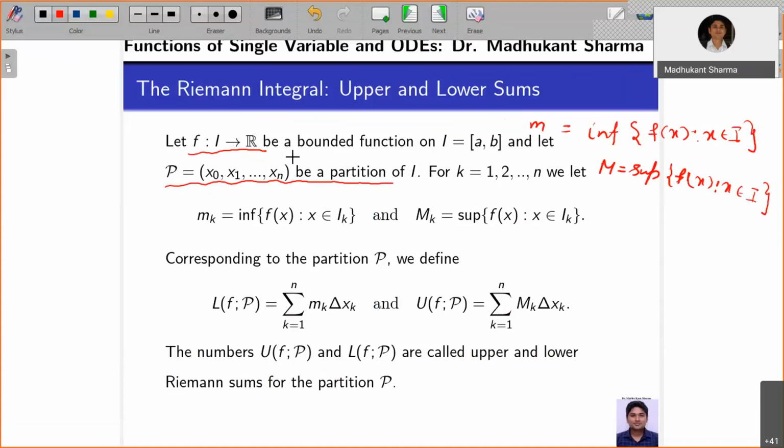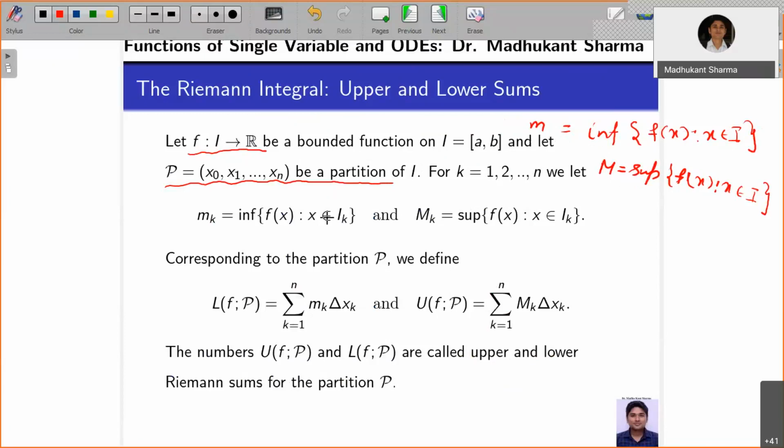Because f being a bounded function means there exists a capital M greater than 0 such that mod of f of x is less than or equal to M for all x in the closed interval [a, b]. That's what it means. So it always has an infimum as well as a supremum. The infimum we denote by small m, and the supremum by capital M.